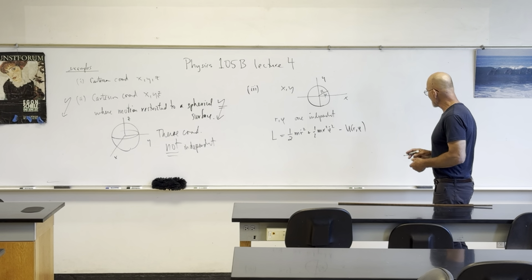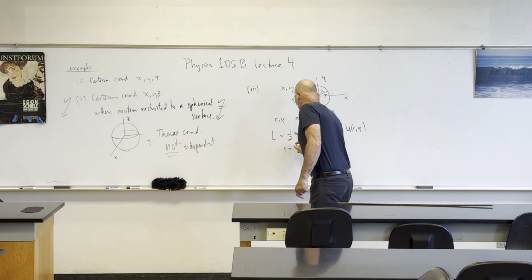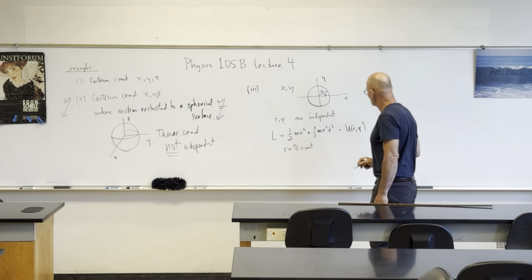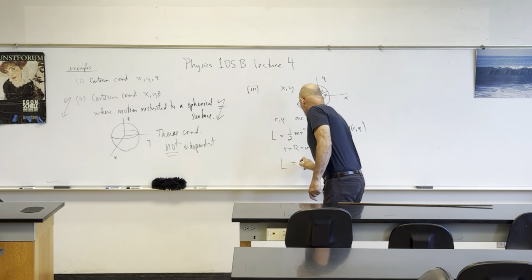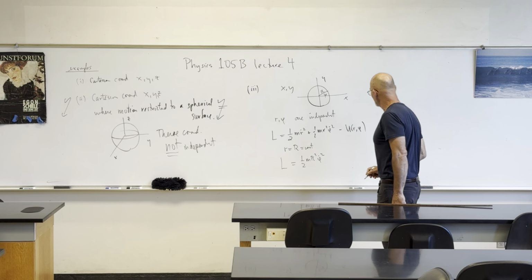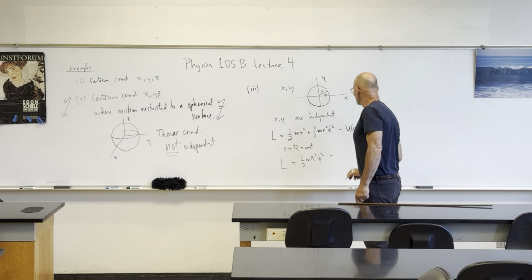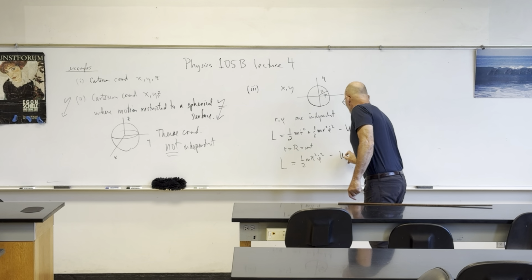And now we'll specialize this because r is equal to capital R, a constant. And so now we're going to turn this into 1/2 m R squared phi dot squared minus, I'm just going to write U of phi.